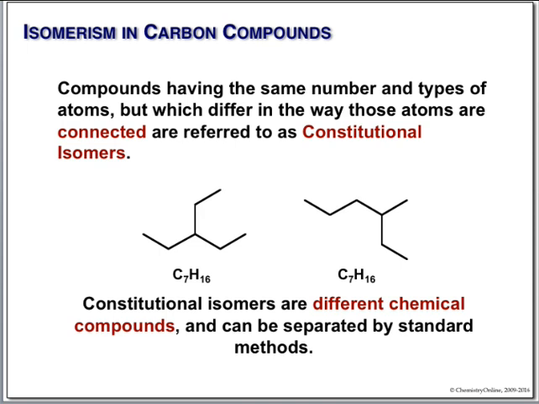But they have the same formula. So they're isomers: they have the same formula, but they're arranged differently. These are different compounds, and we can separate them. And that's one of the joys of organic, separating things like this.